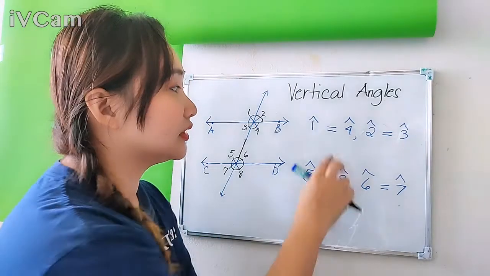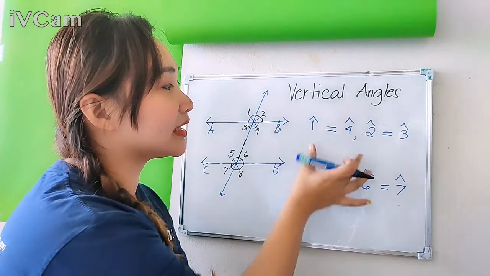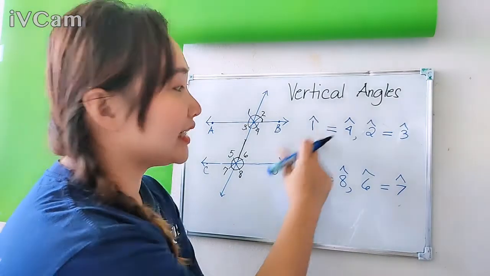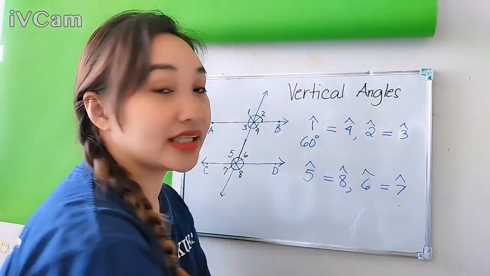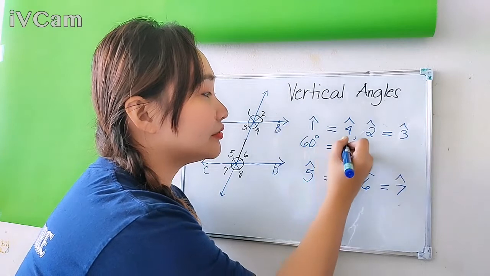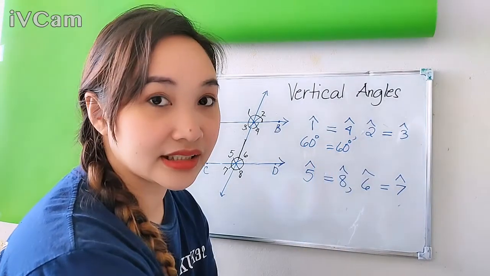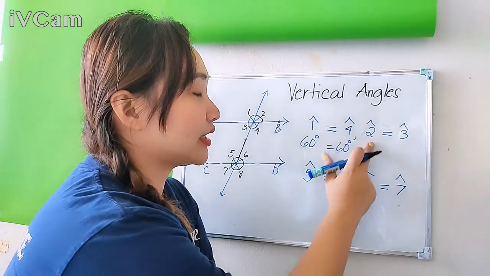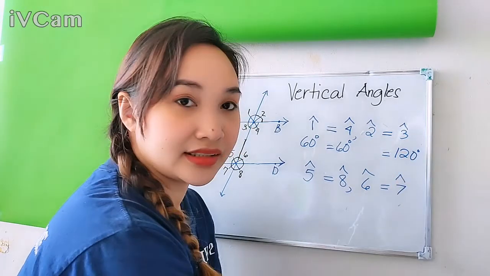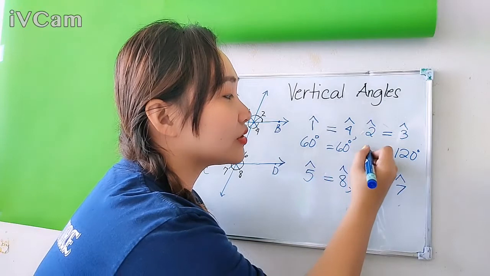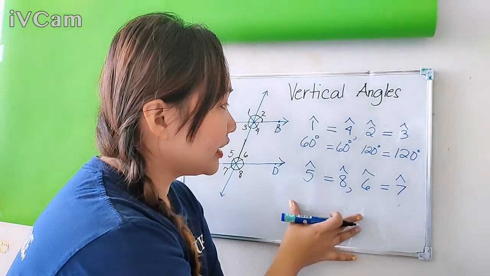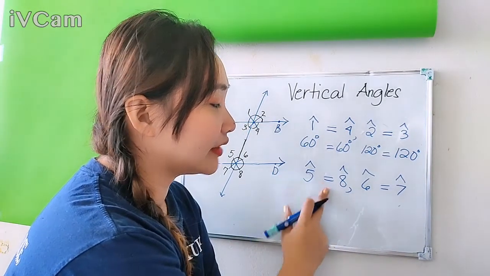Now, for example, if angle 1 is 60 degrees, then angle 4 is equal to 60 degrees as well. Now, if angle 3 is equal to 120 degrees, then angle 2 is also 120 degrees, right? And another example, we have angle 5 and angle 8.